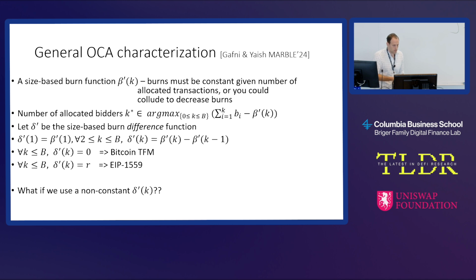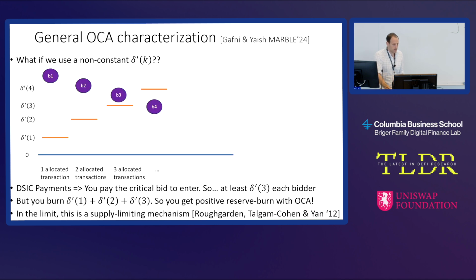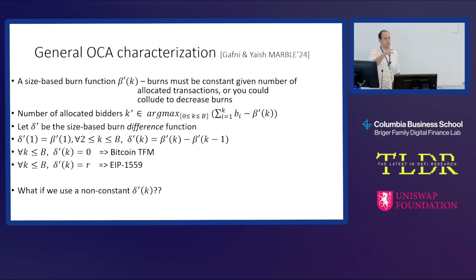So what we end up with is a mechanism that works in the following way. There are predefined burning rates depending on the number of allocated transactions, and we can look at the differences. So we can say the marginal burn as you add a transaction is delta.